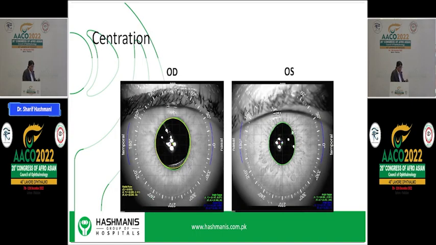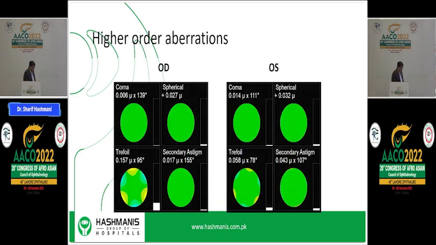And as far as centration, because this is a multifocal, trifocal lens, we will be thinking that it's a decentered lens and that is causing glare. You can see it's a beautifully placed lens, and you can see the angle kappa and pupillary center, angle alpha almost in the center. So it's not the cause of the glare. Also the higher order aberrations are well controlled.